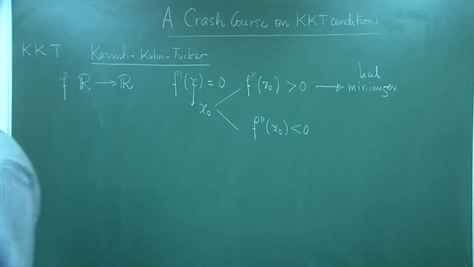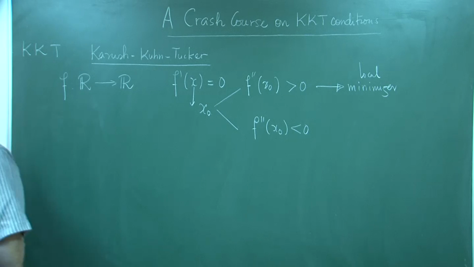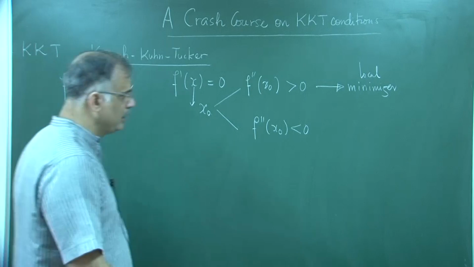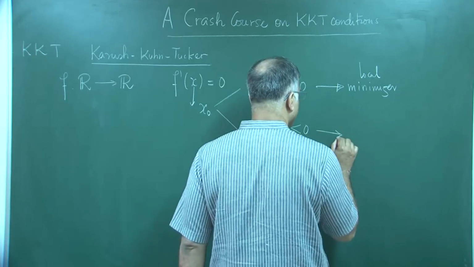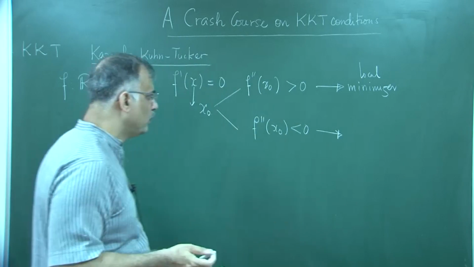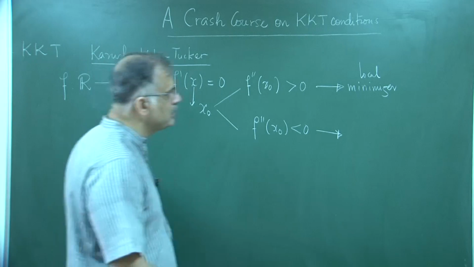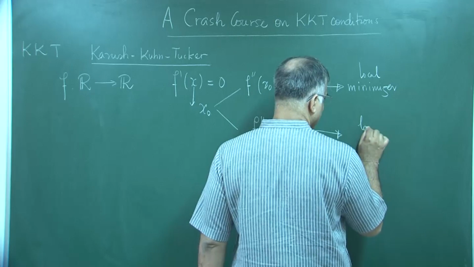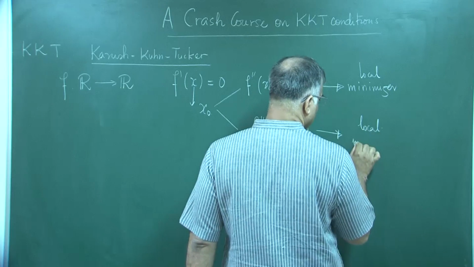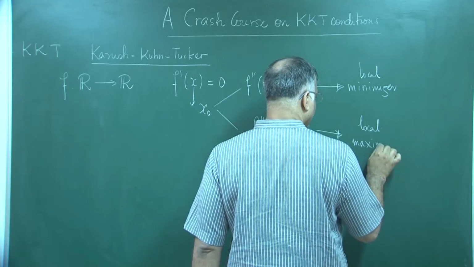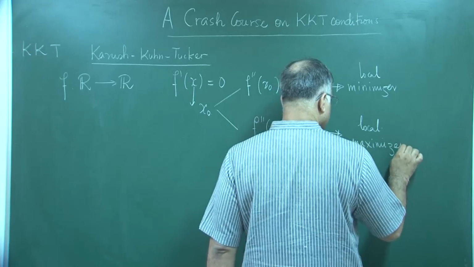Actually it is something called a strict local minimizer, but we are not going to get into those deeper optimization issues at this moment. For the course, you should not get too bogged down by those issues. And if the second derivative is negative, then you get what is called a local maximizer. This is just a repetition, a recollection of what you already know from high school.